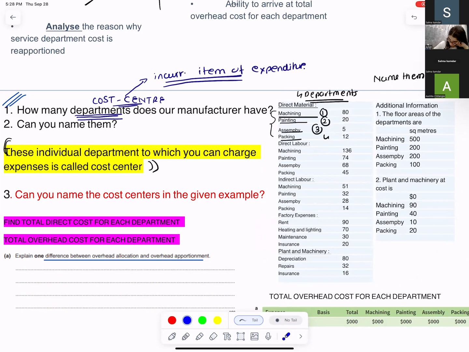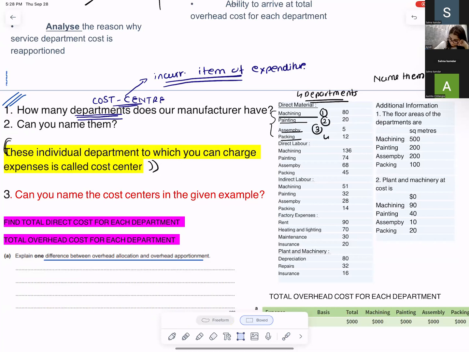So what is a cost center? A cost center is basically an individual department to which you can charge expenses. What are the names of expenses that you can charge? Depreciation, rent, repairing, insurance, maintenance, lighting, and so on.